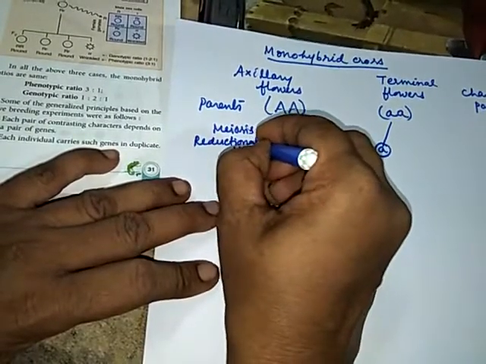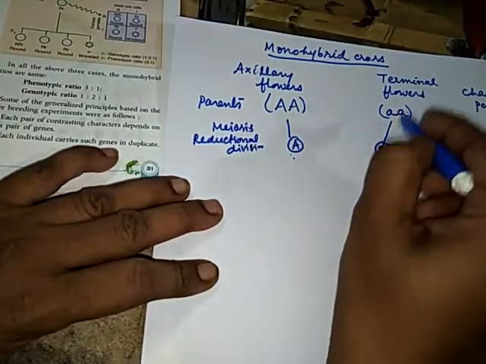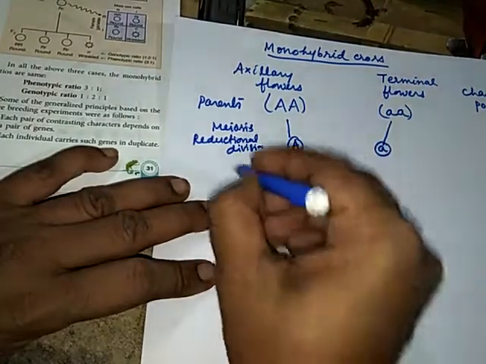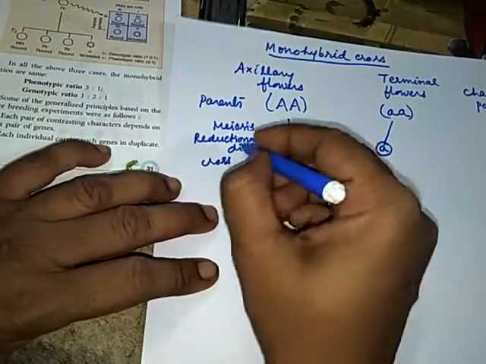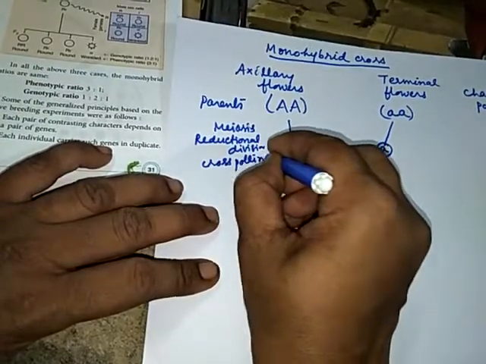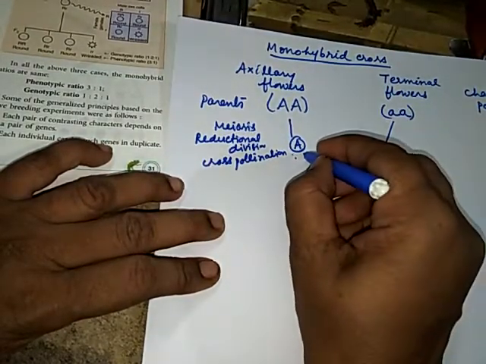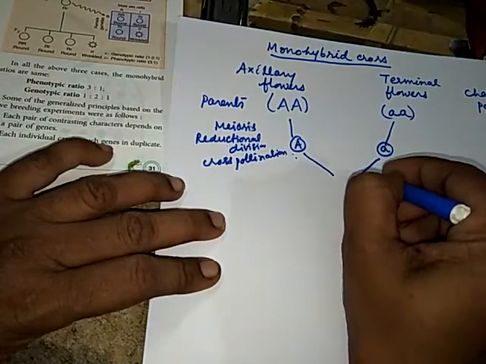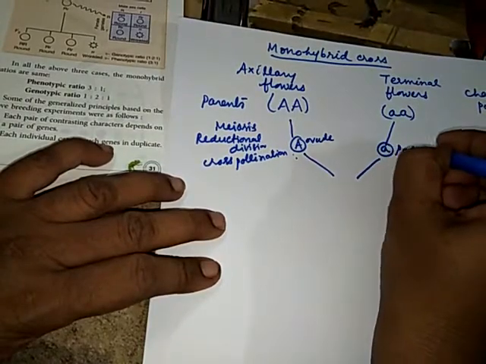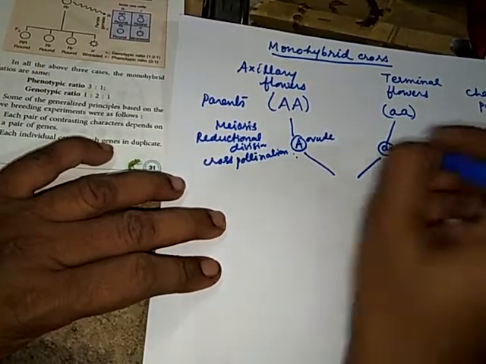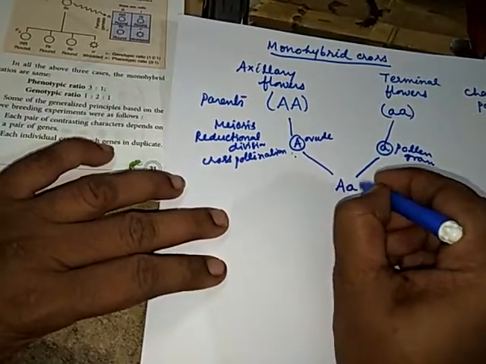Under the reductional division, the gametes are formed: one axillary flower gamete and one terminal flower gamete. Allowing cross pollination, the ovule and the pollen grain unite to form this type of breed.